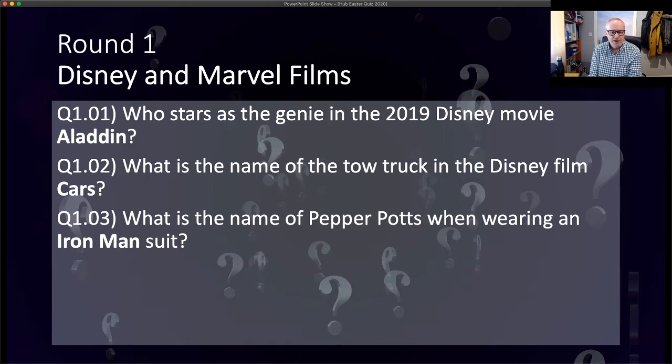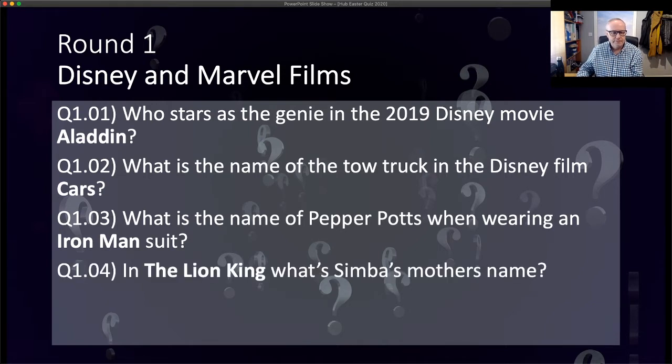Question number 3. What is the name of Pepper Potts when wearing an Iron Man suit? Question number 4.